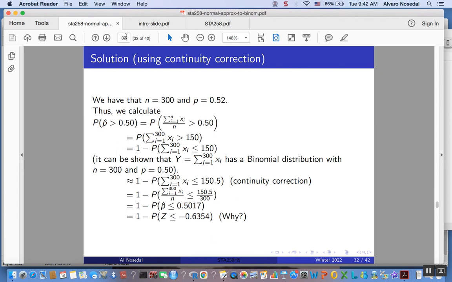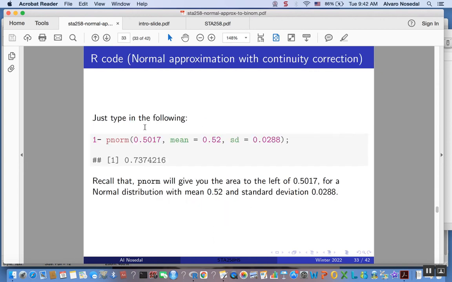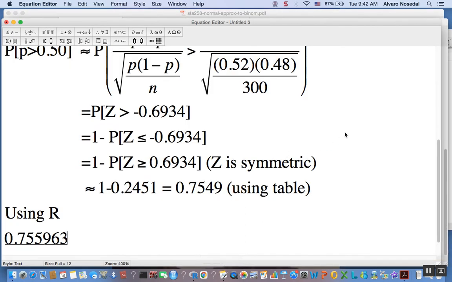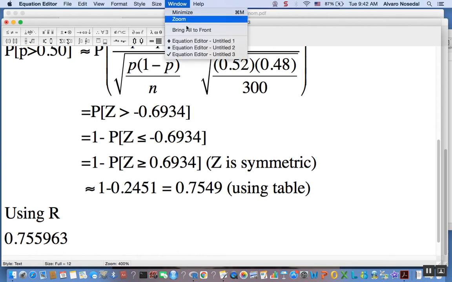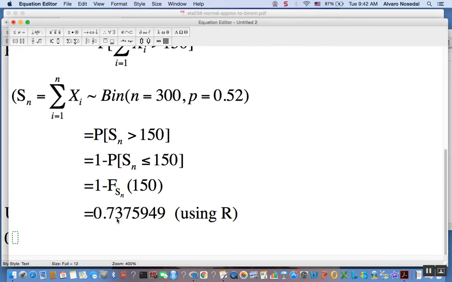Let me show you what we have here on the next one. So using R, you have 0.7374, right? And this is so much better. This is closer to what we got using the exact distribution of Sn, 0.7375, right?